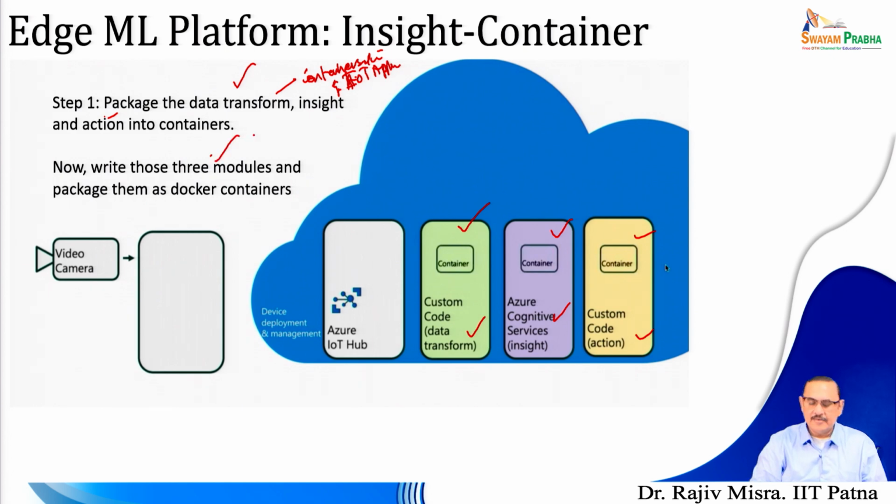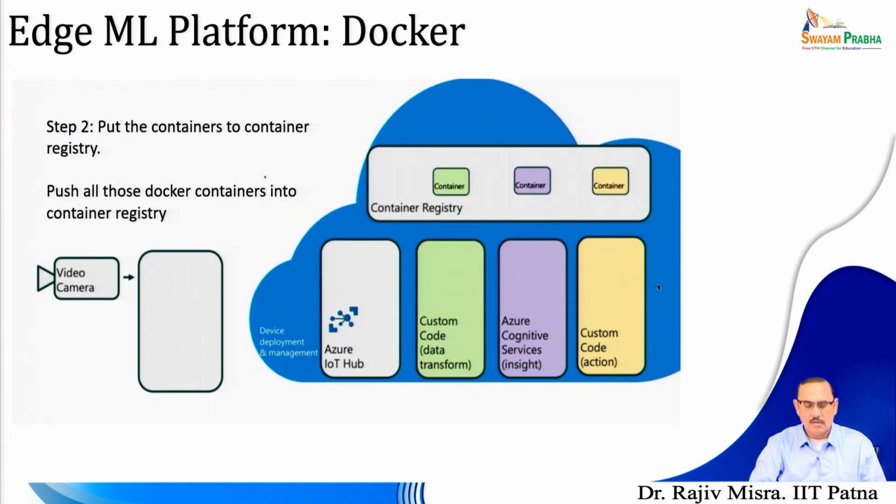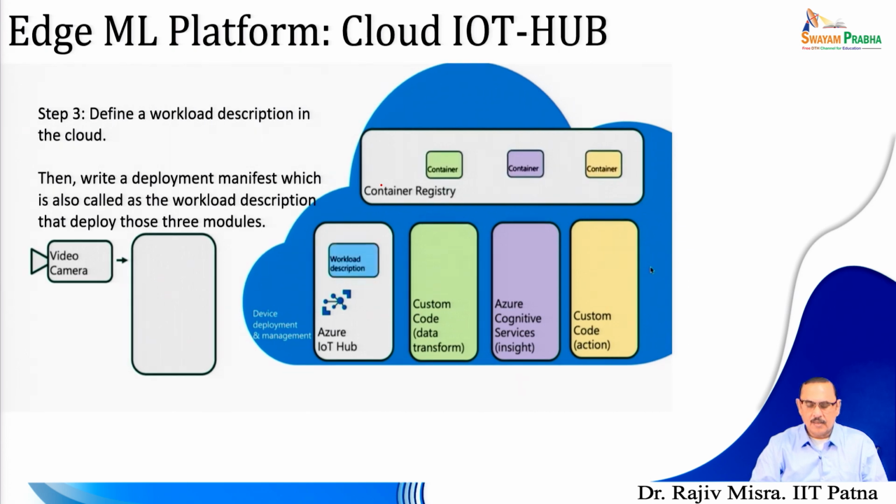Once these modules are containerized, write these three modules and package them as Docker containers. Then push all those Docker containers into the container registry that we are seeing here in this description.